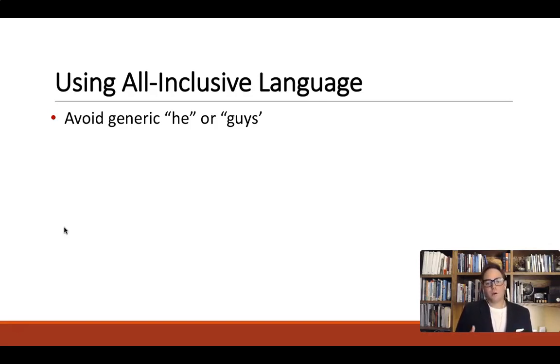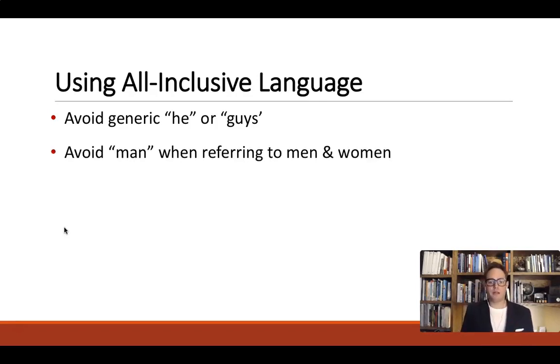And so, a simple way to use all inclusive language is just all of you, right? So when you introduce your speech, or when you're referring to the audience, just simply say all of you. We want to avoid man when referring to men or women.